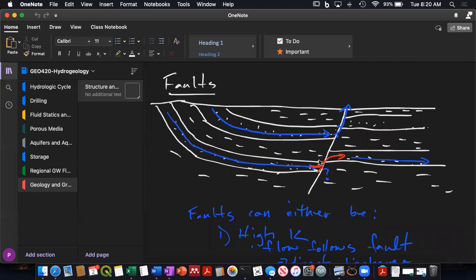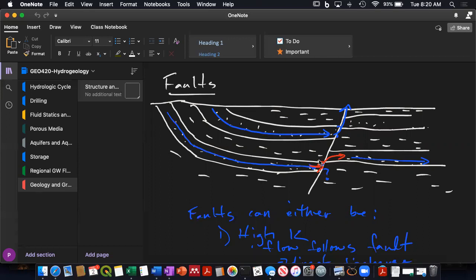So fault gouge is like where you break up and grind the rocks, and you can grind them into really fine clays. Right? So if you have a lot of fault gouge, you fill your fault with fines, you have a low hydraulic conductivity fault. If you don't have gouge, if you just break the rock, you've got a big fracture.